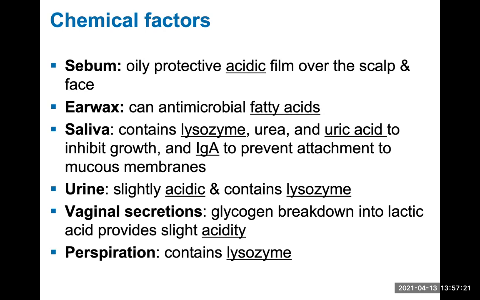Urine, we talked about the physical flow, but it's also slightly acidic, so that's an inhibition of growth, and it contains lysozyme as well. Vaginal secretions are also slightly acidic because there's a breakdown of glycogen into lactic acid.